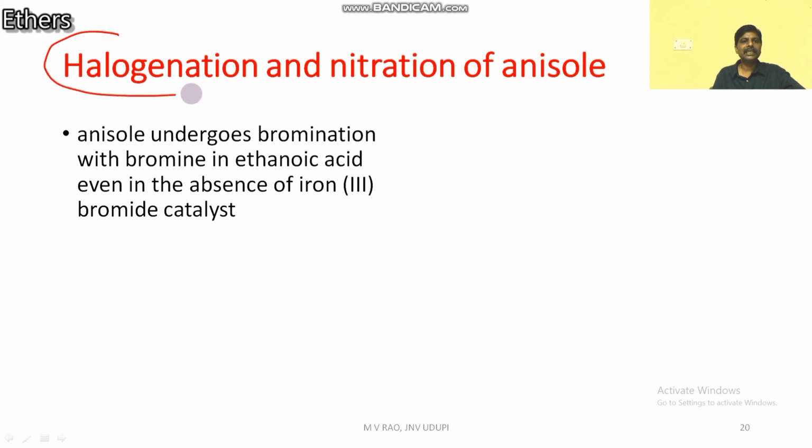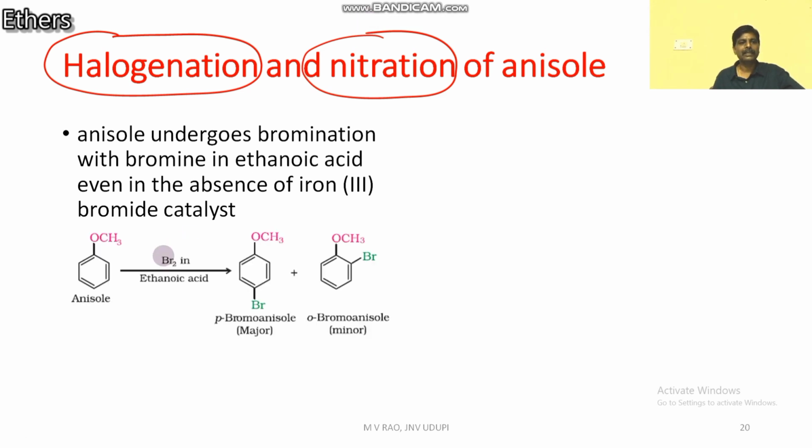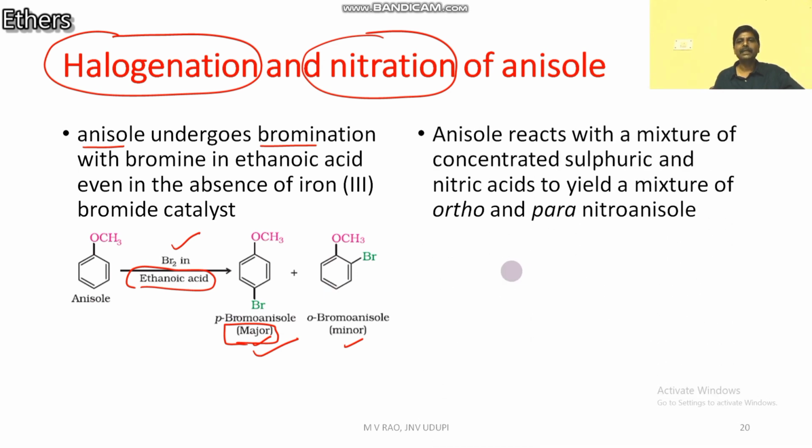Next reactions are halogenation, nitration, and one more is sulfonation. In halogenation, anisole reacts with bromine in the presence of ethanoic acid, and two products are formed. One is para-bromoanisole, second one is ortho-bromoanisole. Always para product is major product.